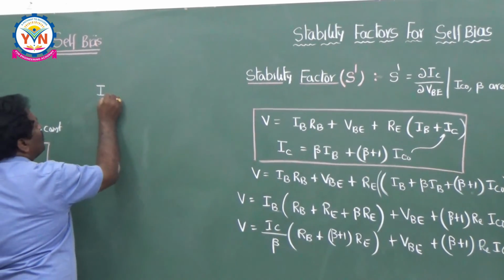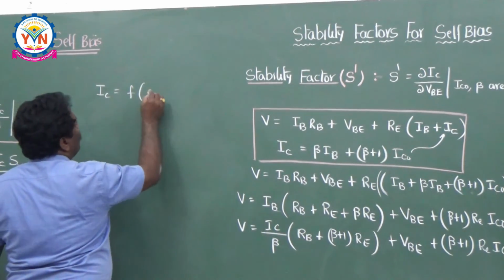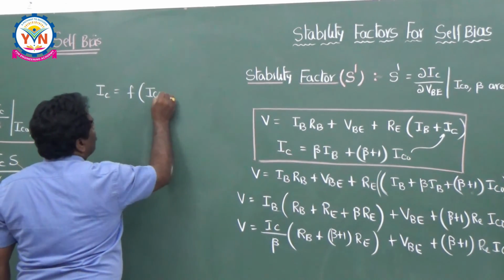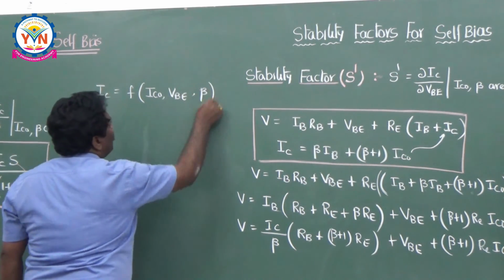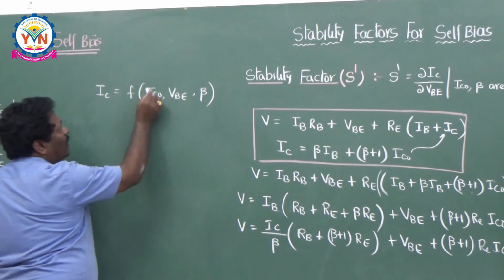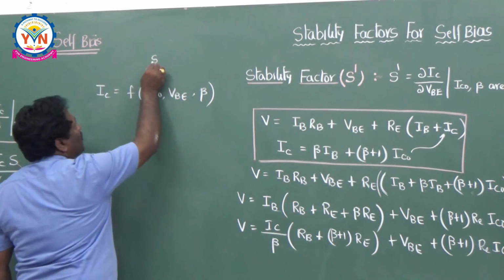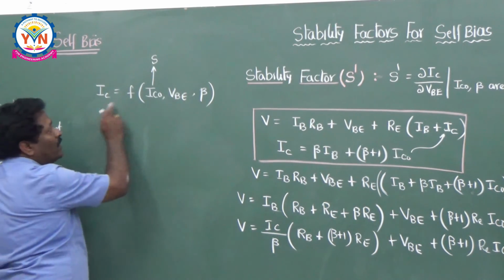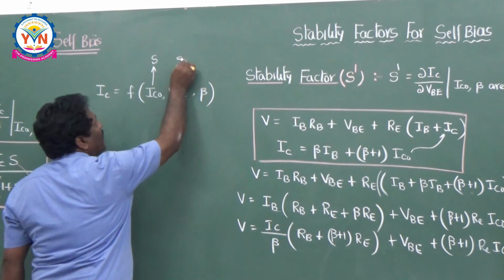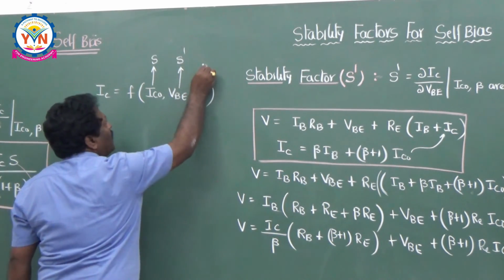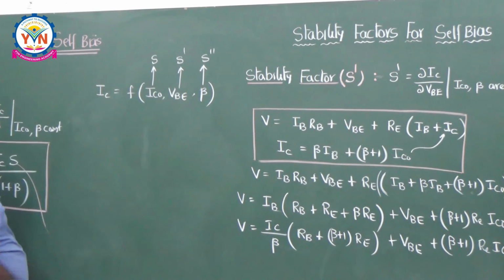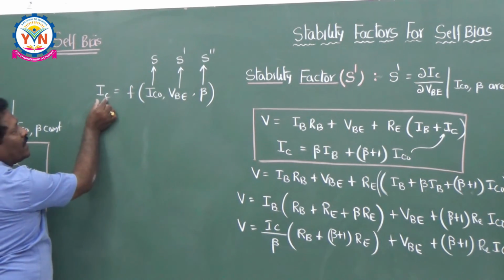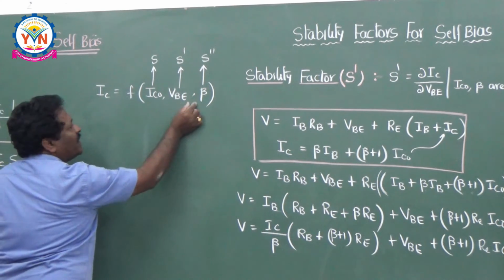Your IC is a function of 3 parameters. One is IC naught, another one is VBE, and the third one is beta. Dependency on IC naught is nothing but the stability factor S. Dependence on VBE is nothing but your S dash, and on beta it is S double dash. Now I would like to write the expression for the change in the collector current due to the changes in all these parameters.